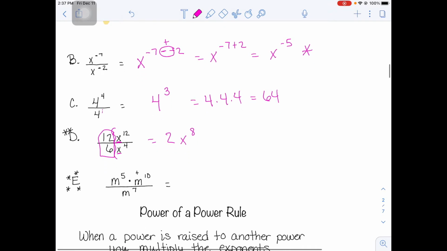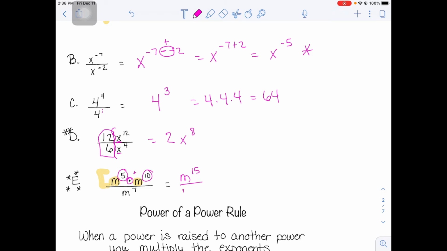Now, if you'll notice here, we have a product on top, and then we have division. So you want to kind of simplify first. So we're going to look at this base first of m, and we're just going to look at this top section right here. So we're going to keep our base of m, and because we're multiplying here, we're going to add these together. So we get 15.